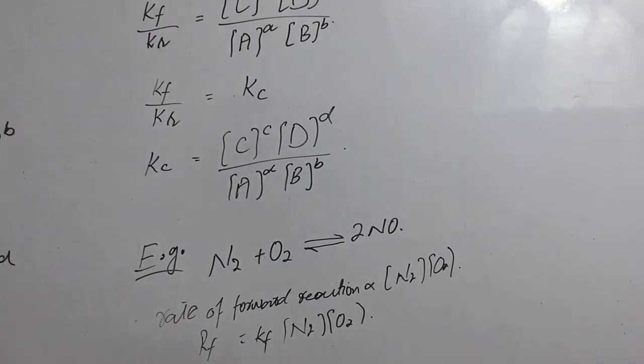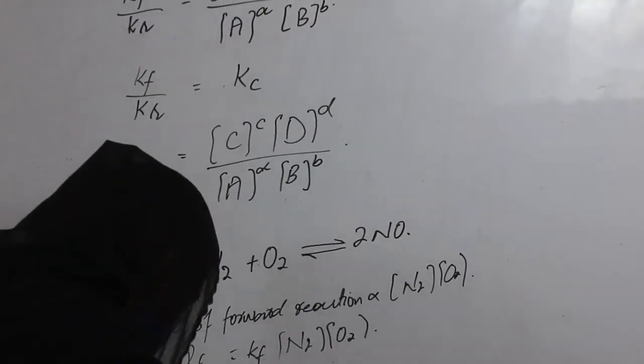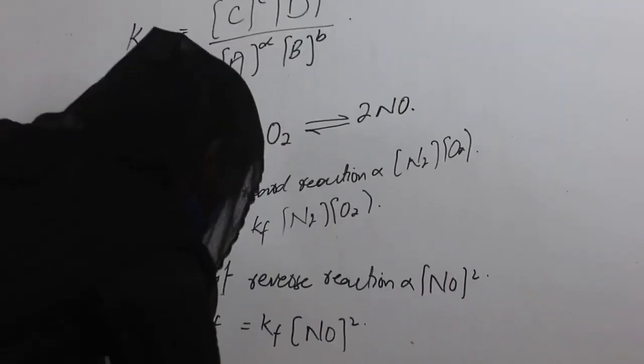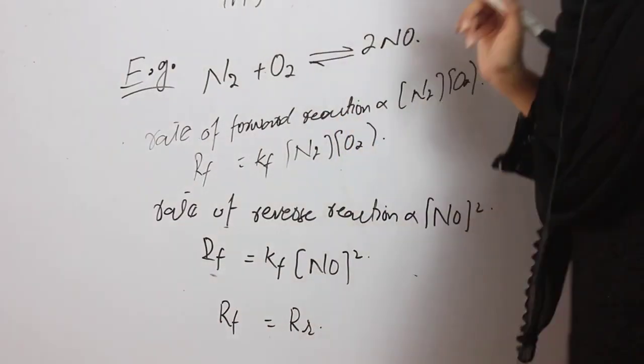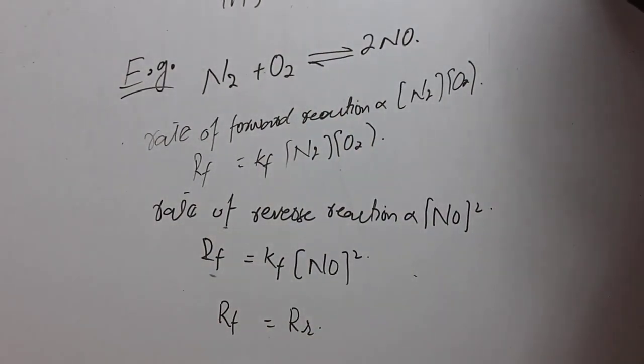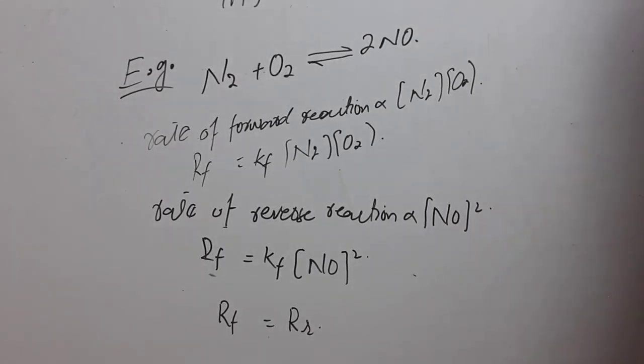And again we apply the equilibrium condition, by putting the values of the forward and the reverse reaction, that is Kf equal to Kr, and again apply the cross exchange method.